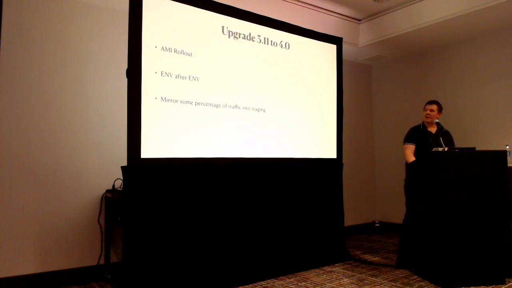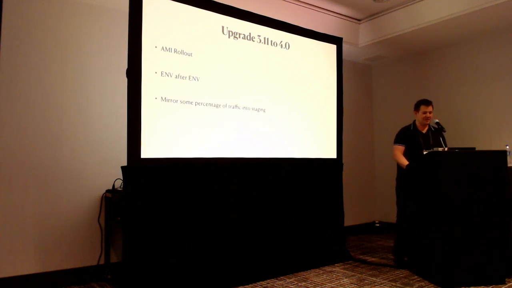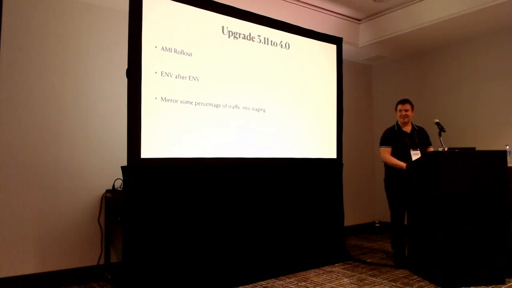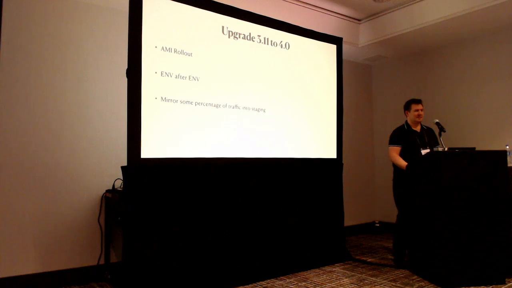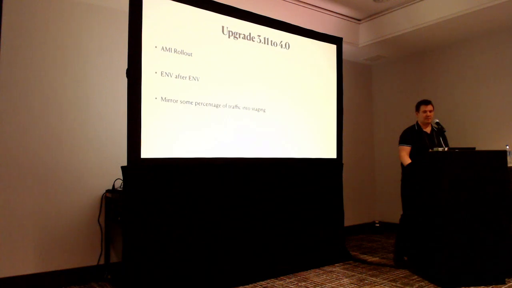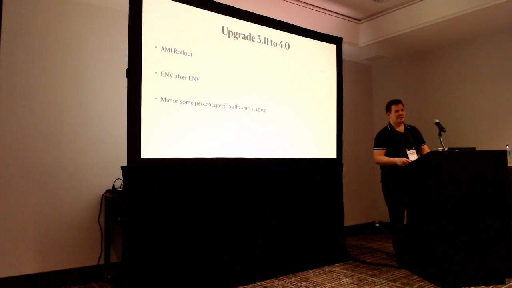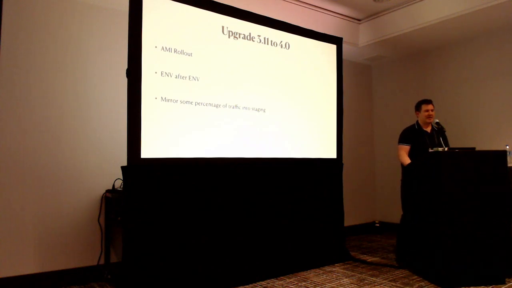So I go to production, previously on lower environments, from 3.11 to 4.0. It's a very common thing. I'm using AMI rollout. So basically, when I'm working on AWS cloud, I'm preparing by Packer a new AMI, which contains the desired version of Cassandra. Inside is the desired version of Ubuntu, configuration, and so on. And then I treat that AMI like, for example, a Docker image.